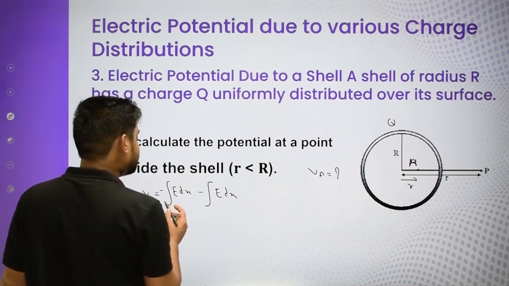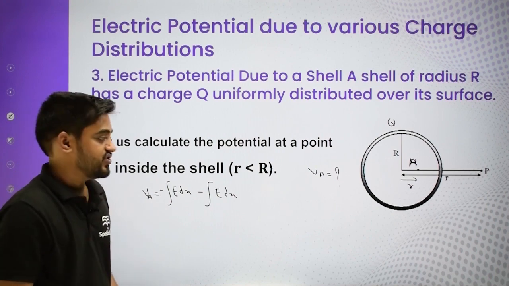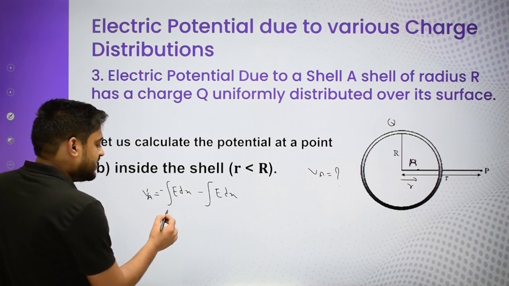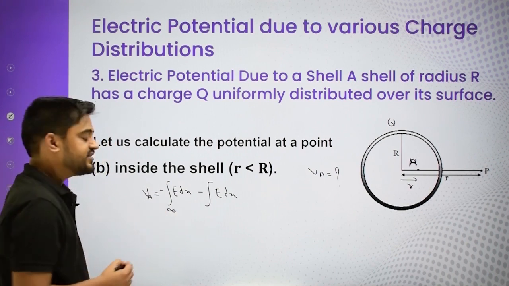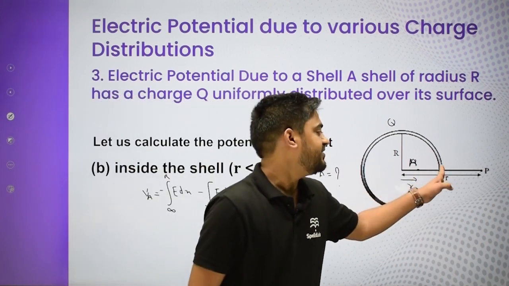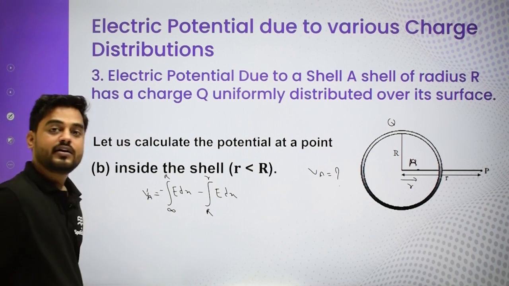To get the potential at point A, bring a charge all the way from infinity to this particular point. So I am saying just integrate it in two parts: infinity to the radius capital R, and then capital R to small r. Now what do we get?